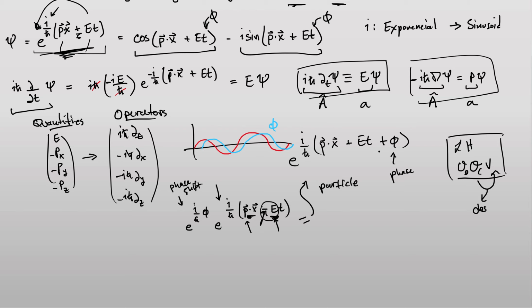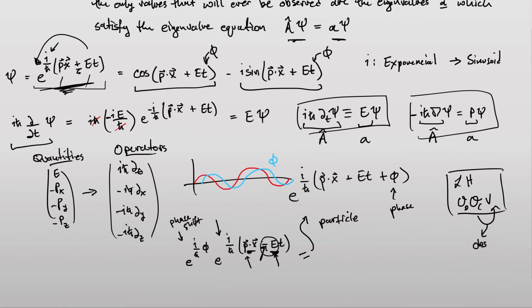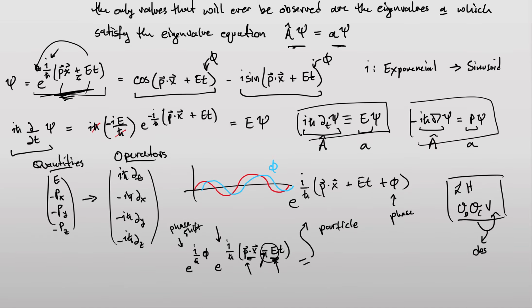And if it's a function of both, that complicates things a lot, because then we really have to pick our operators to be able to get this form right here back.